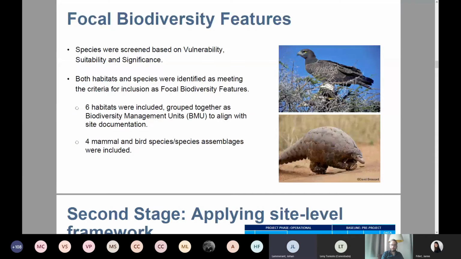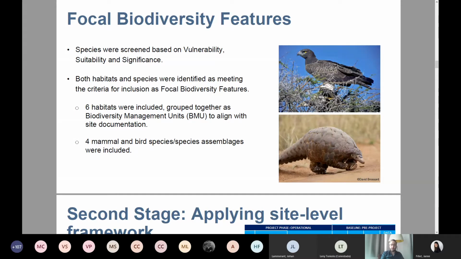So the focal biodiversity features identified at site were screened against a number of criteria. First of all, vulnerability. So this is whether or not the company's actions at site are likely to impact the particular features, whether they're species or habitats.